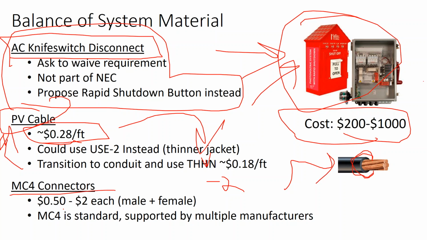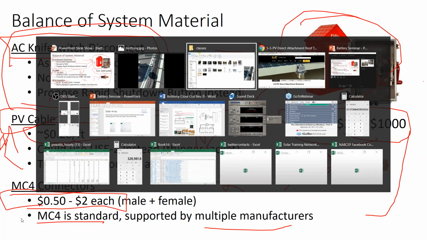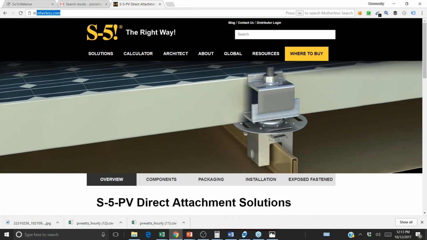Your MC4 connectors cost anywhere between 50 cents to $2 each, depending if you buy them online. MC4 is the standard, but multiple manufacturers supply it. The big difference that I've found between manufacturer A and manufacturer B on MC4 connectors is that I don't have a picture of it.